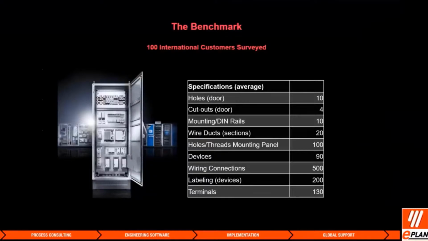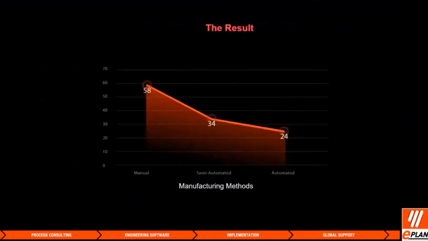We have some characteristics here of a control panel that we gave them, and they told us that it takes about 58 hours for them to build that panel. We looked at the offerings that we have for shop floor automation and determined, through some of our semi-automated technology, we can get that number down to about 34 hours.